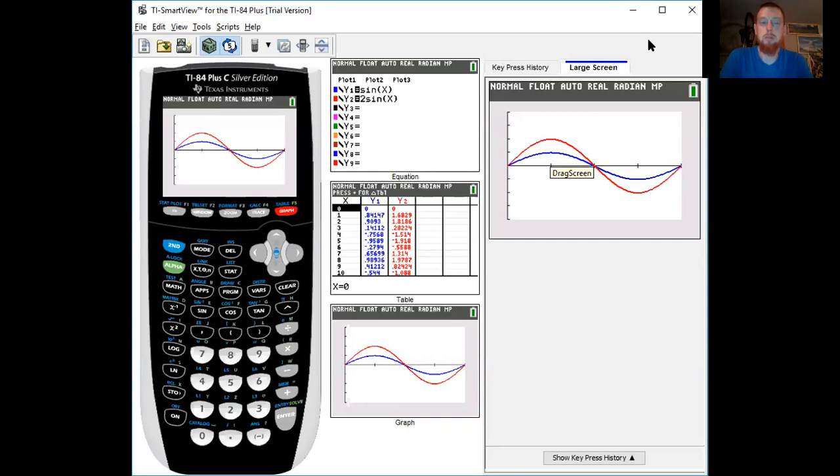So there's a special name for this distance from the line of symmetry. Remember that line of symmetry for the parent function is on the x-axis. The distance from that line of symmetry up to the maximum value is called the amplitude. That's also the distance from the line of symmetry down to the minimum.